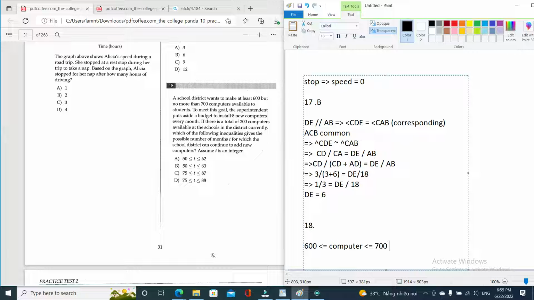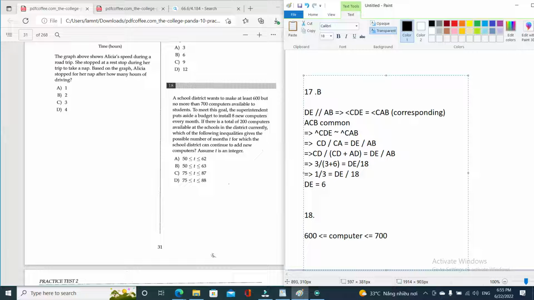To meet this goal, the superintendent put aside budget to install 8 new computers a month, so 8 computers per month. If there are a total of 200 computers already available at the district currently, which of the following inequalities gives the possible amount of months?